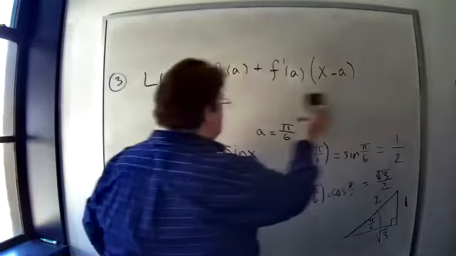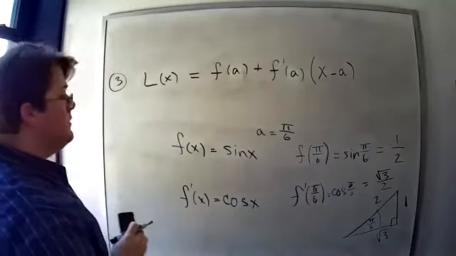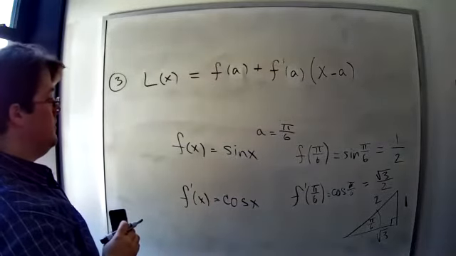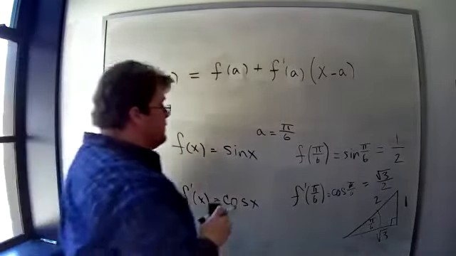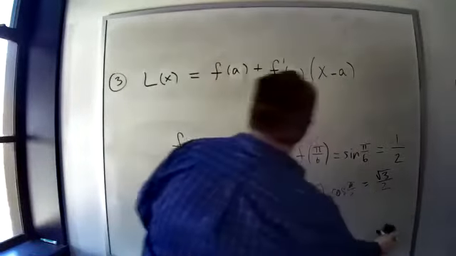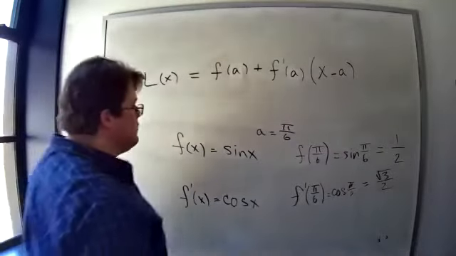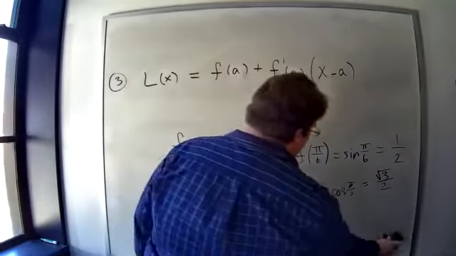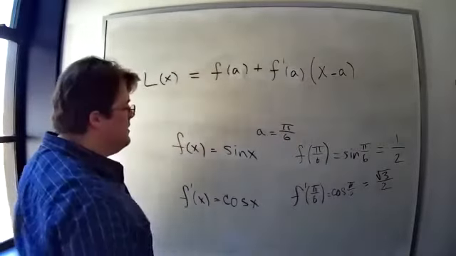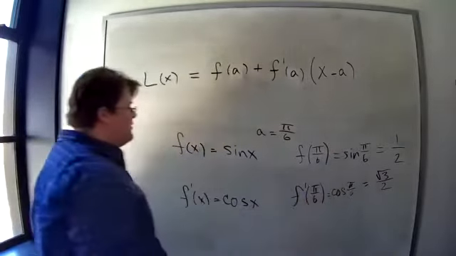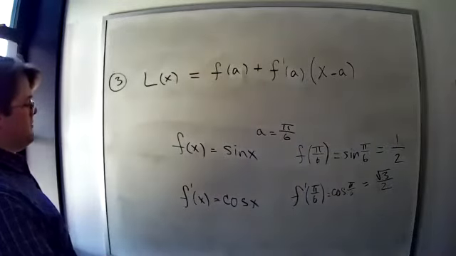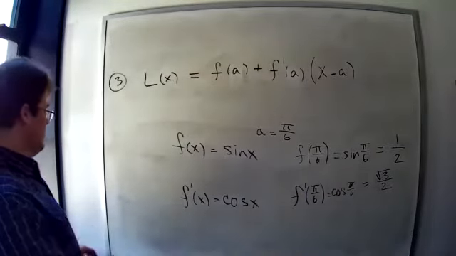Shouldn't, I don't know if this even matters, but you wrote sine of x. Doesn't it make more sense if it was sine of a, or does that just not matter? Well, this right here is a general function. We're evaluating at a here. So technically this would be sine of a, but the general function is in terms of x, and we're evaluating at pi over 6.